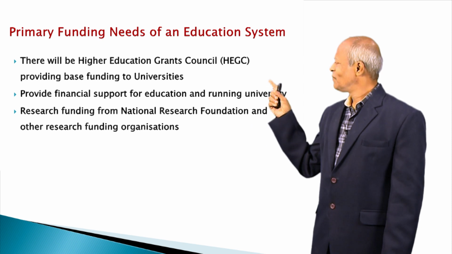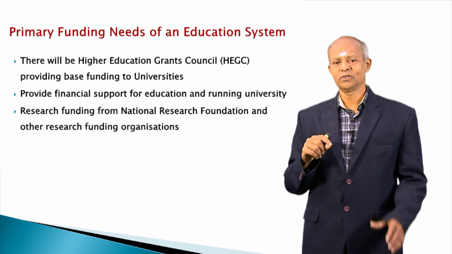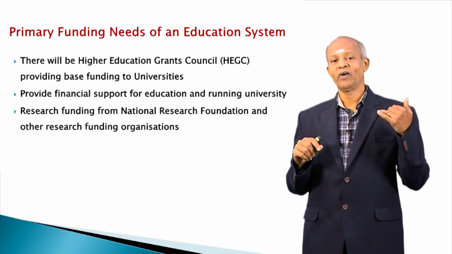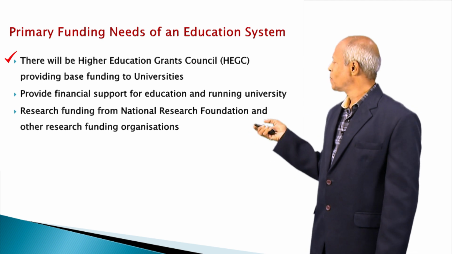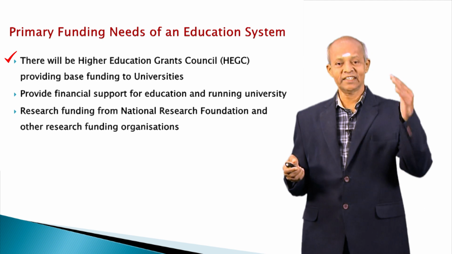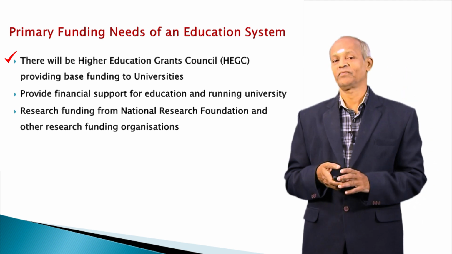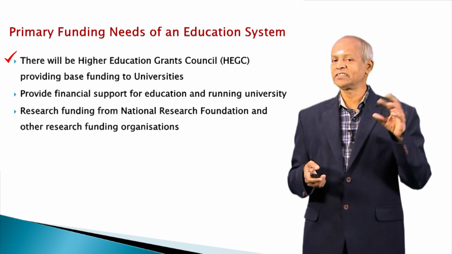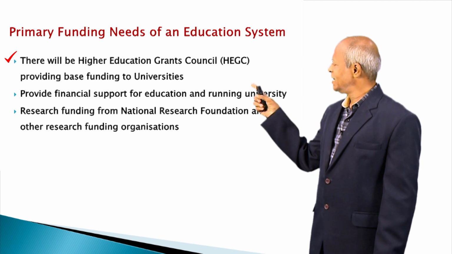And then what are the primary funding needs of the education system? What does it need? First of all, the Higher Education Grants Council, or presently it is UGC. UGC is giving some funds, and it is the base funding only.